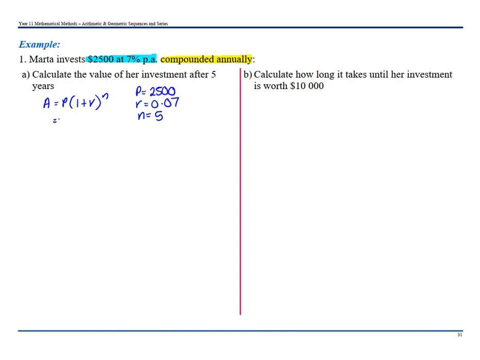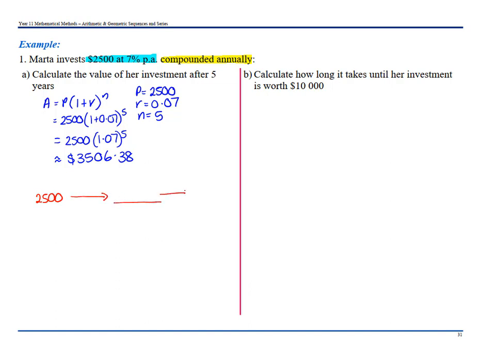So our A is going to be 2,500(1 plus 0.07) to the power of 5. Sorry, that equals 2,500 times 1.07 to the power of 5, which is approximately 3506.38.